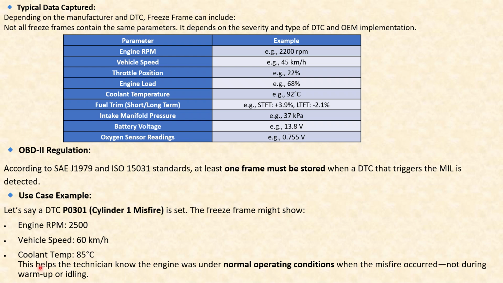For example, if coolant temperature is somewhere between 55 and 65 degrees, it only shows that the engine was still warming up, and the DTC misfire happened even before the engine coolant temperature reached an optimum temperature. In this manner, a technician clearly infers what the exact engine working condition was when the DTC occurred.